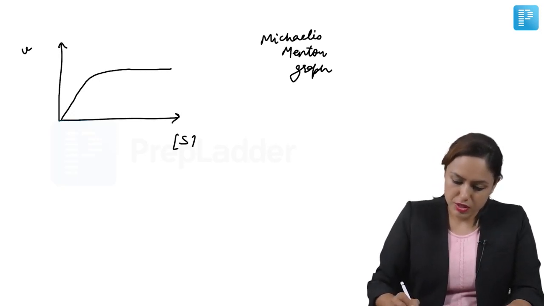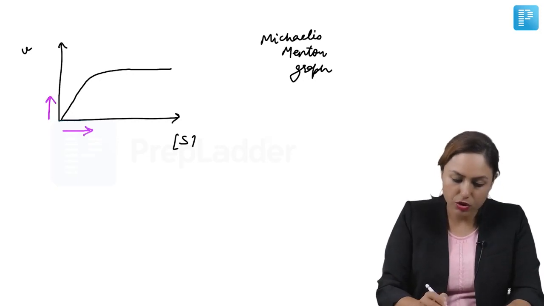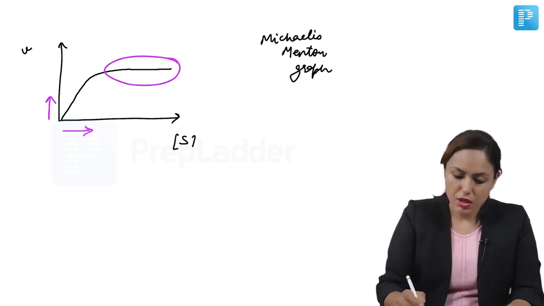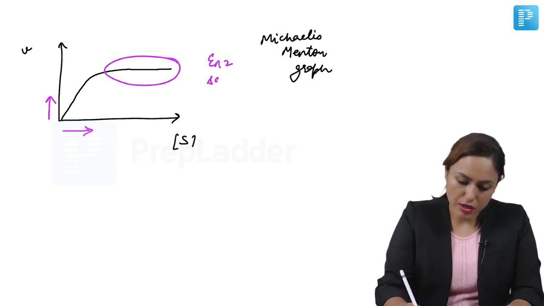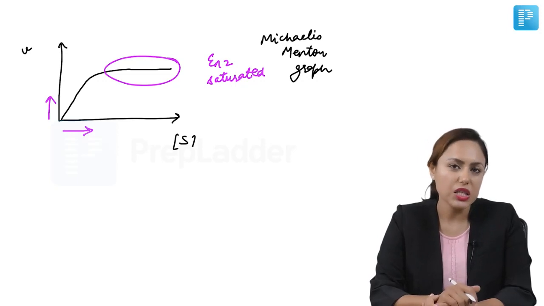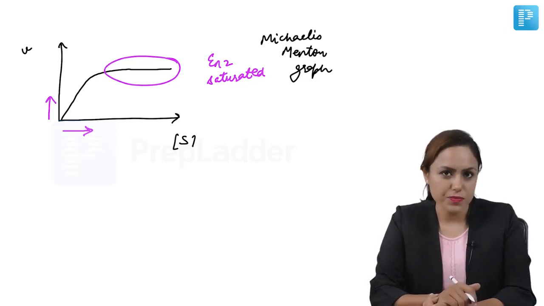So this means that initially when substrate is increasing, velocity is also increasing. But in the later portion of the graph, here the enzyme is saturated. Enzyme is already saturated with substrate. So further increase in substrate will not increase the velocity of reaction, right?